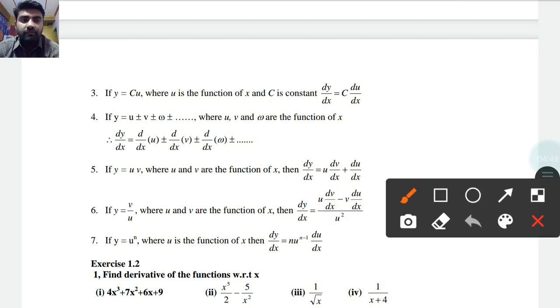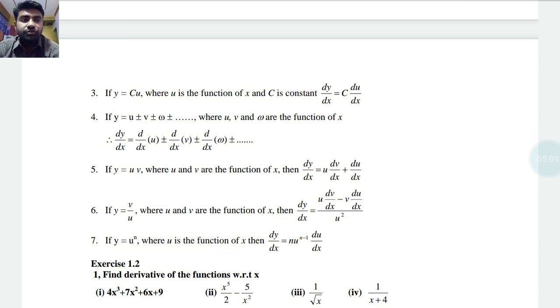And then simply, if y is equal to u raised to n, where u is a function of x, then dy by dx is equal to n into u raised to n minus 1 into du by dx, and differentiation without any power. So these are some rules of differentiation.